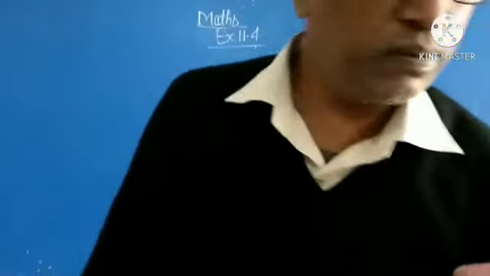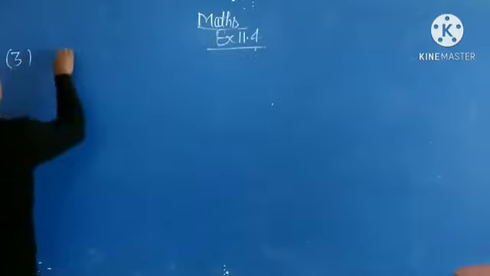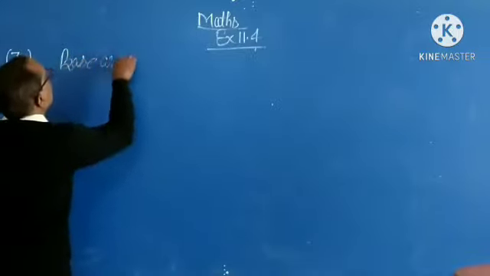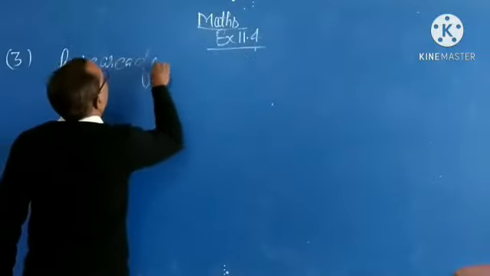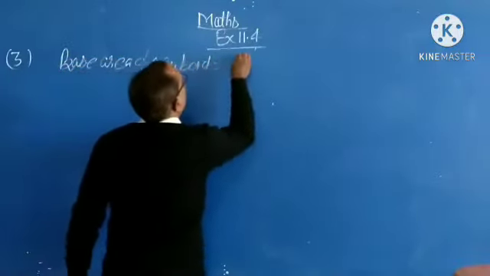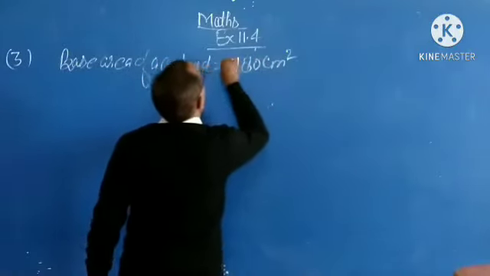Okay, write down. First of all, you write down what is given here, area and volume. Question number 3, base area of a cuboid that is 180 centimeter square.